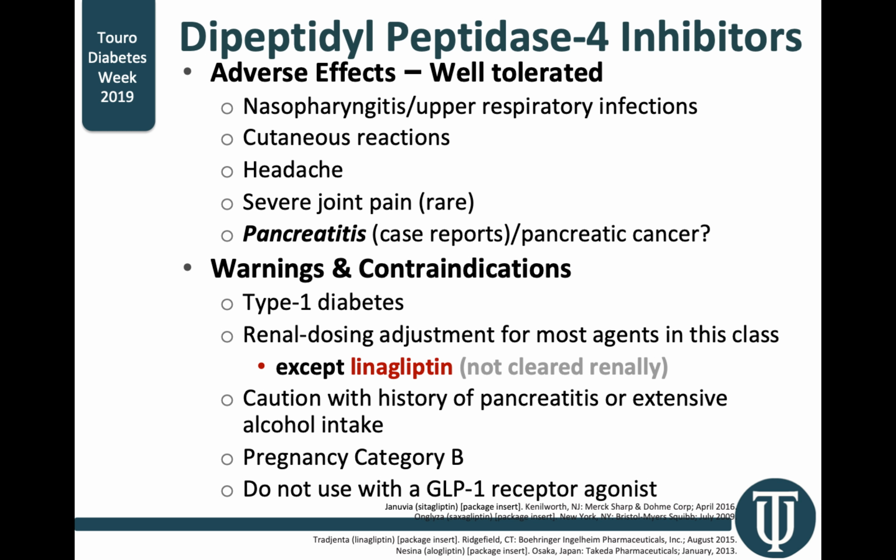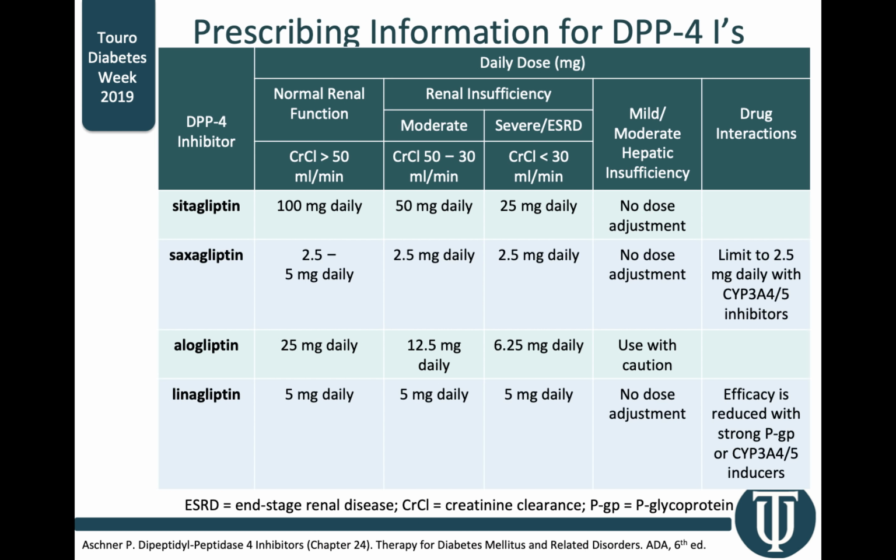Also, for those who have history of pancreatitis and who drink a lot, then this class might not be the best for them. And also because DPP-4 inhibitors and GLP-1 receptor agonists act on the same pathway, do not use both classes at the same time. And for those who are pregnant, we can consider using this class as well.